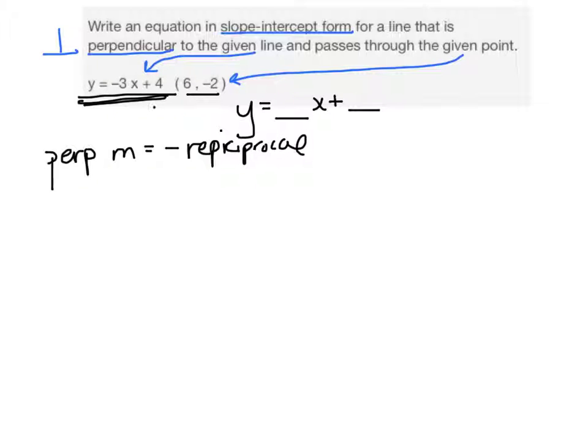of the current slope. So the reciprocal, if you remember, we need to think of a whole number being a number over 1. And so the reciprocal of that is 1/3, and since we have the negative, we need to carry that through.